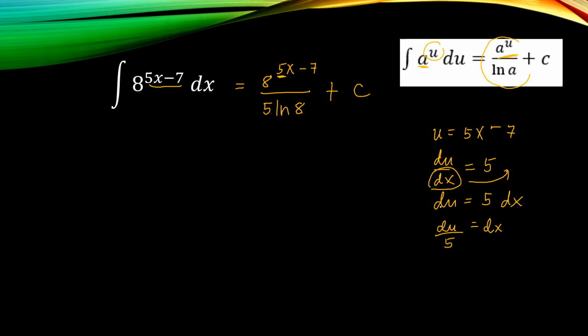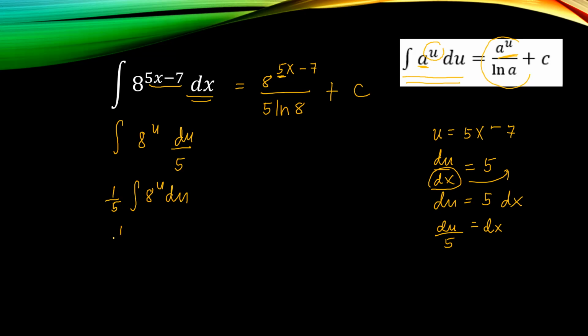Ayan. So replacing this by du over 5, notice that we can not just replace this by du kasi hindi naman sila necessarily equal. So this becomes 8 raised to the u, and the dx part becomes du over 5, which means we can take out the constant 1/5 outside the integral. So we have 1/5 times the integral of 8 to the u du, so that it somehow looks exactly as this formula, where a is equal to 8.